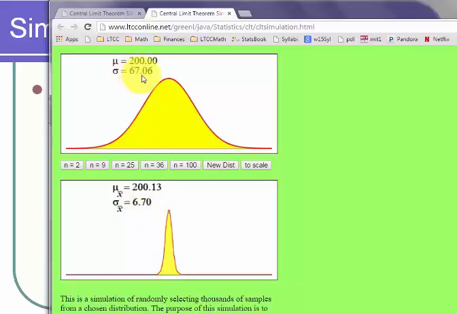Notice that's about 1/10 of the original 67 we started with. That's pretty important because we had n equals 100 and we reduced by a factor of 10. 10 just happens to be the square root of 100. That's not a coincidence. That always is true, as we'll see in the big theorem, which we will call the Central Limit Theorem.